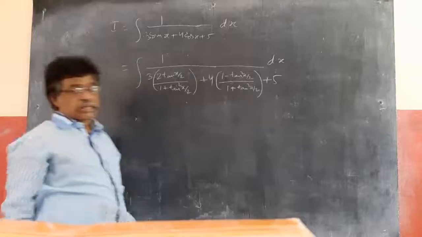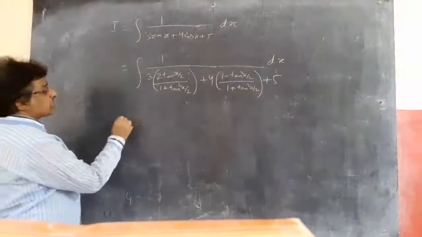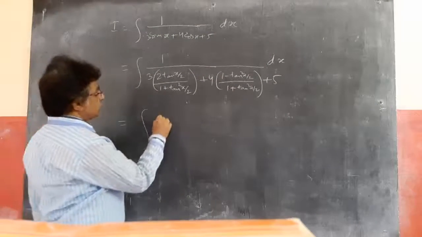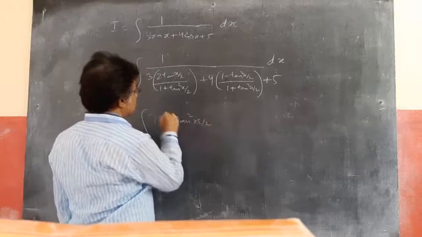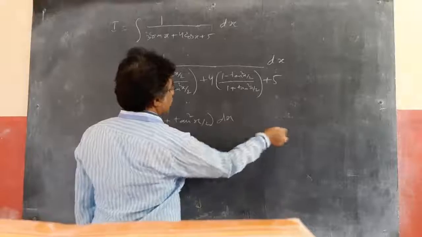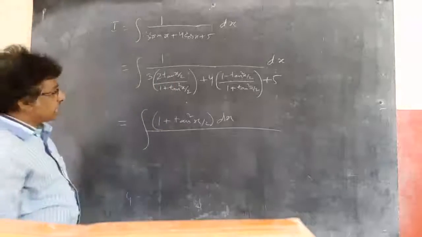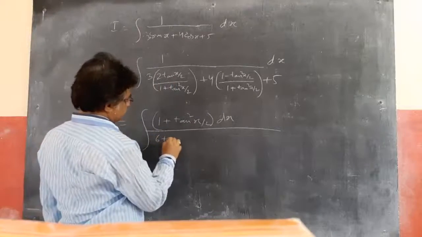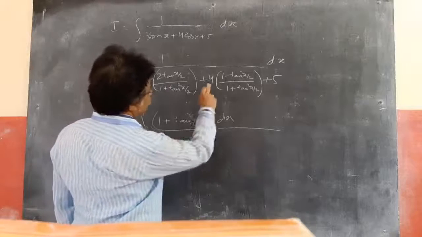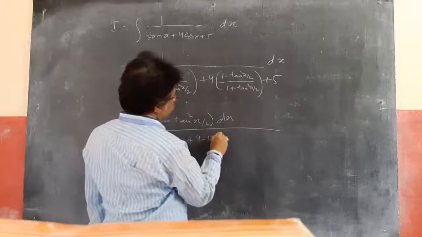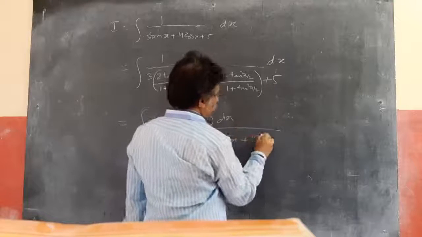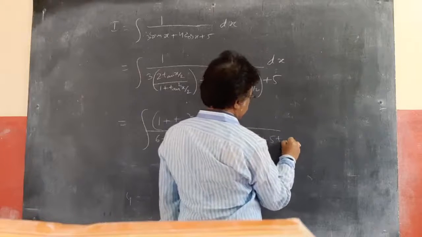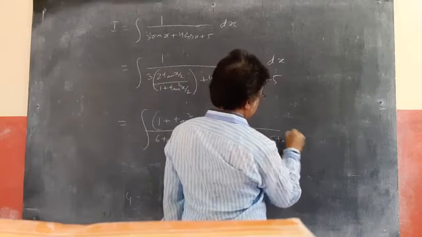Now the LCM is 1 plus tan square x by 2. So bringing it to the numerator as usual: 1 plus tan square x by 2 into dx by denominator, which is 6 tan x by 2 plus 4 minus 4 tan square x by 2 plus 5 plus 5 tan square x by 2.